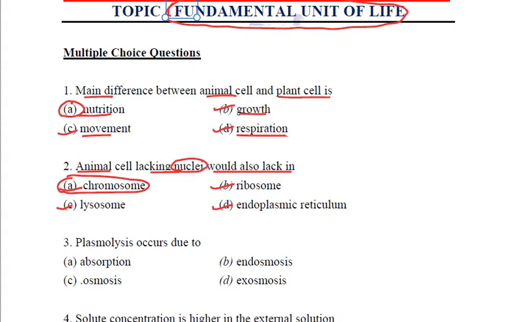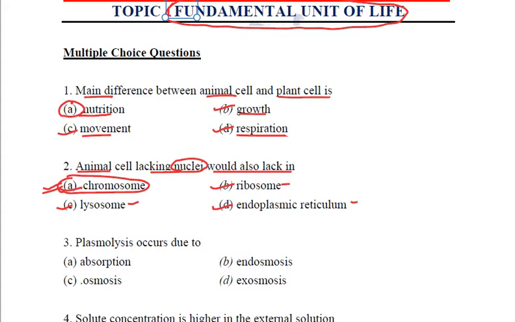Rest of all these three, whether it is ribosome or the lysosomes or the ER, they are not present in the nucleus. So, if an animal cell lacks nuclei, it will also lack chromosome because chromosome is present in the nucleus itself only. So, A once again is our correct option.